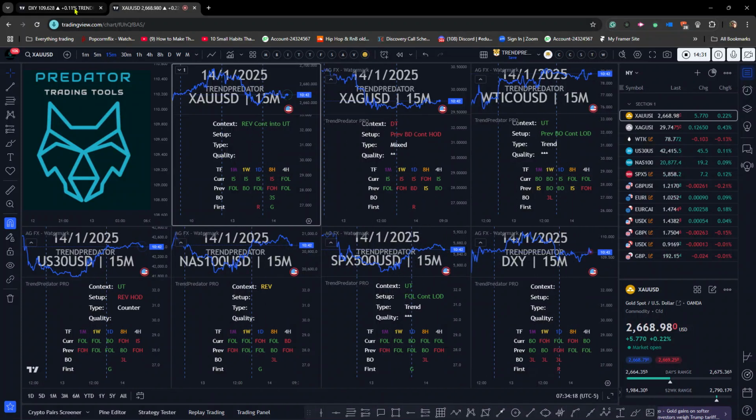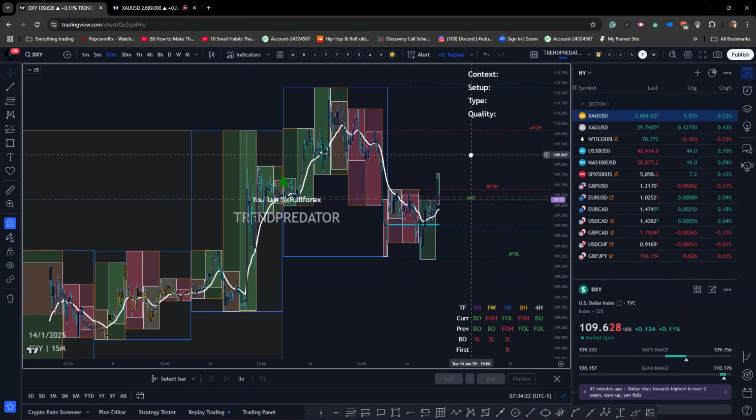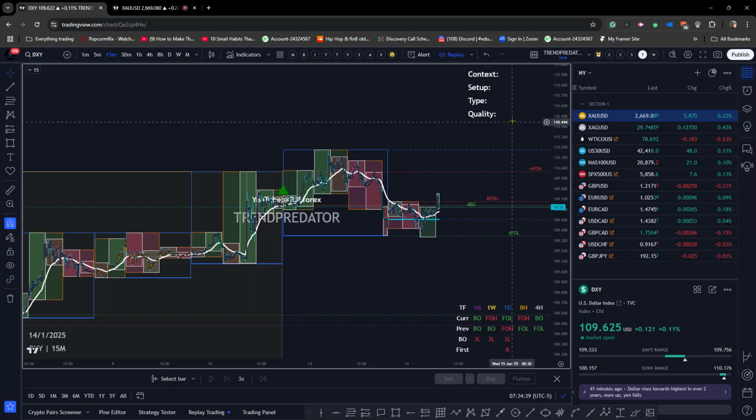So let's have a look at the chart. So we want at least the daily and the weekly bias to be aligned, either bearish or bullish. At the moment, it's bullish and bearish. Bullish on the daily, bearish on the weekly. So we want it to be aligned. At what point will this be aligned?